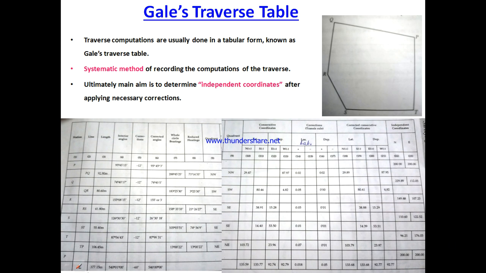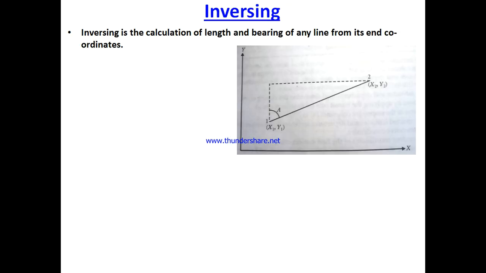So in this manner we can compute the values of latitude and departure with the help of the transit rule. Here I have used the transit rule. You can also use either the Bowditch method, the axis method, or an approximate method for calculating the traverse.